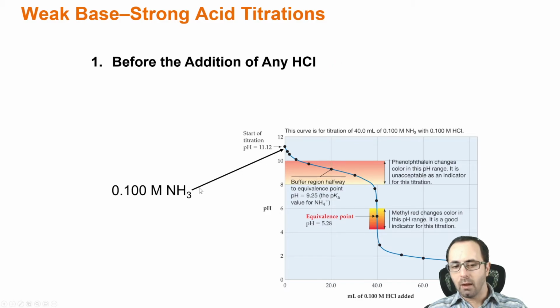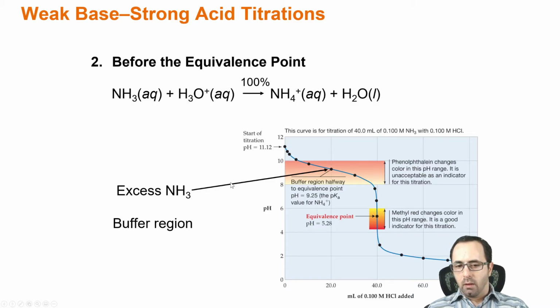At the beginning of the titration, all we've got is ammonia. And so the pH of the solution is based on the base equilibrium of ammonia. The pH will be high since it's a weak base. It's not as high as if it were a strong base, but it's fairly high. Then we begin to add HCl.